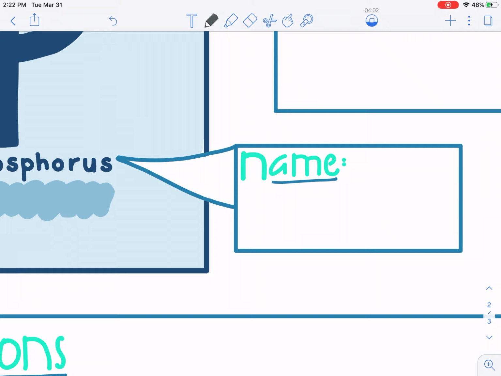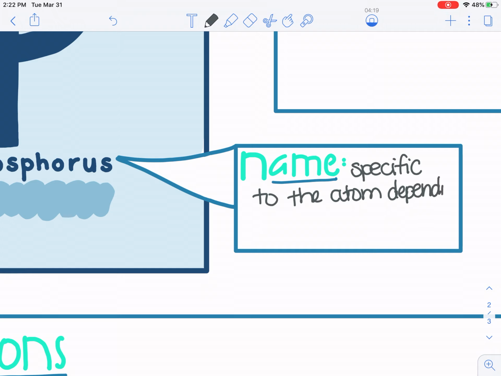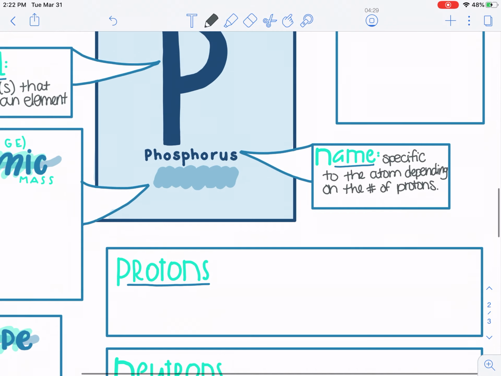The name is specific to the atom depending on the number of protons. There's the name.